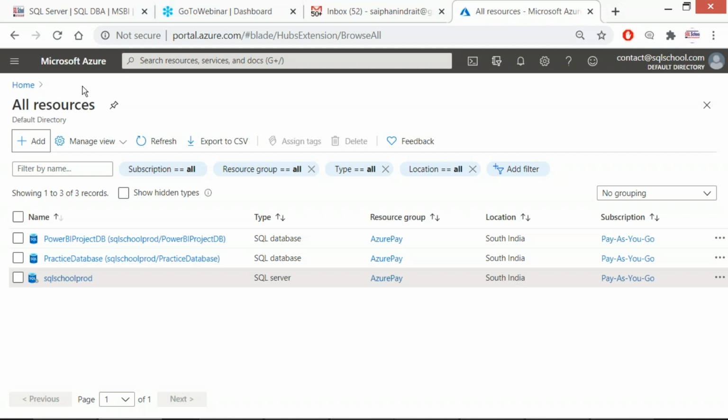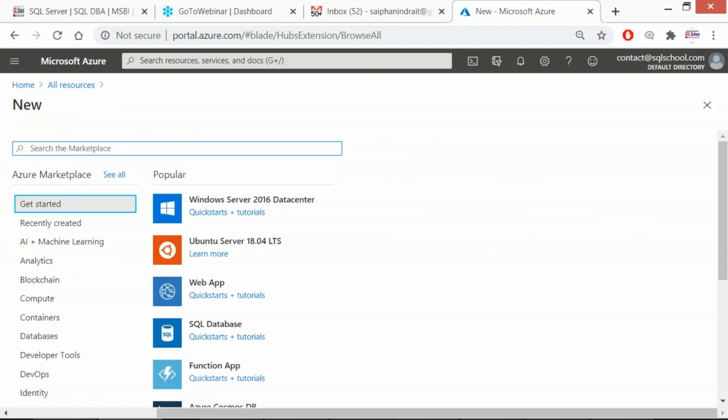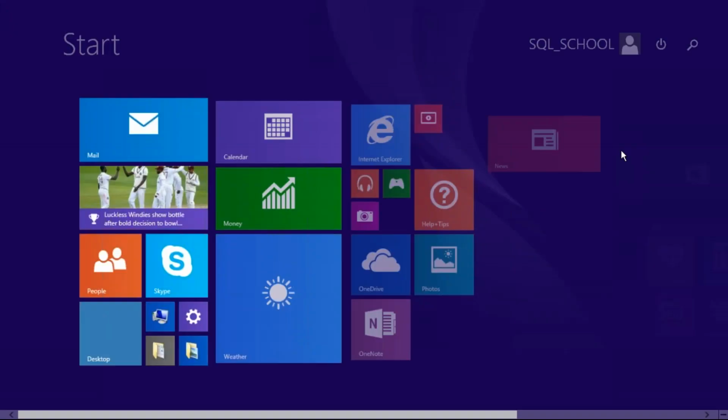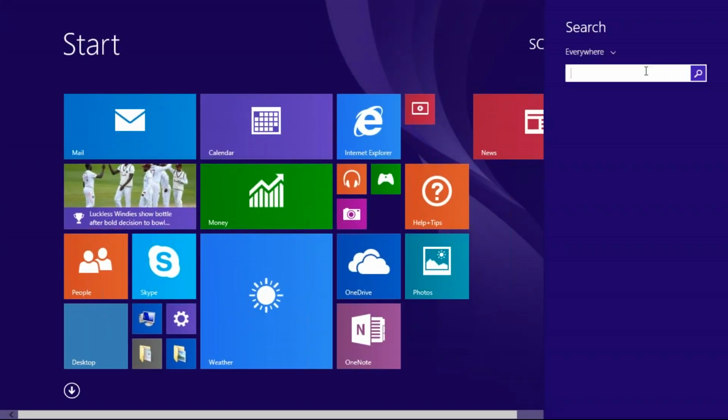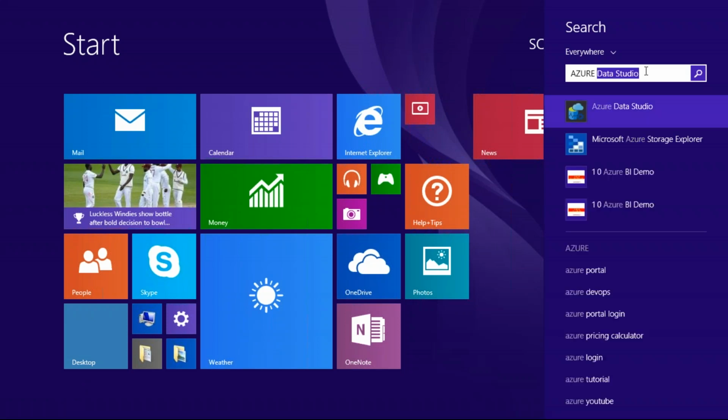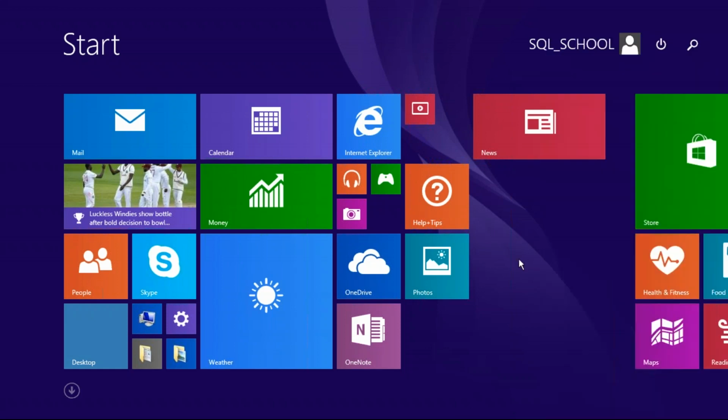Best example, go to the analytics in Azure and you see Data Explorer, or from your computer, in the next 2 to 3 classes, next 2 classes, we shall be having Storage Explorer and Data Studio tools from your computer.